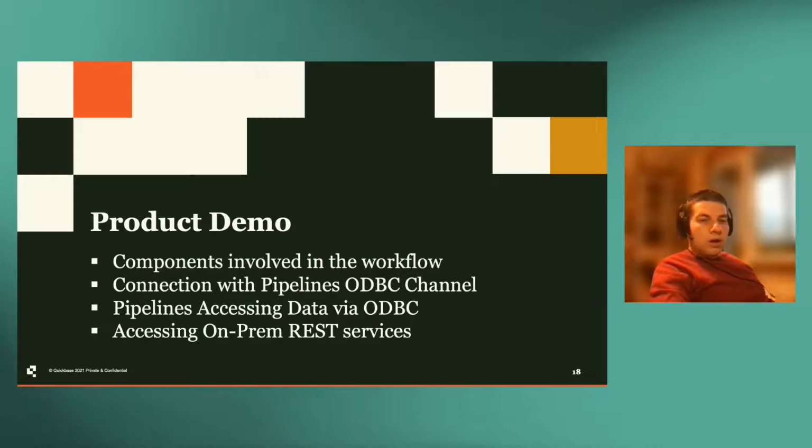And we'll see how pipelines is accessing data via the ODBC channel and performing bidirectional synchronization of that data. And finally, we'll see how we can also leverage the on-premise agent technology to communicate with arbitrary HTTP REST services working on the enterprise network.